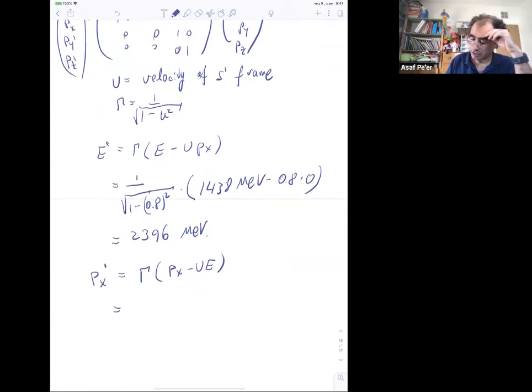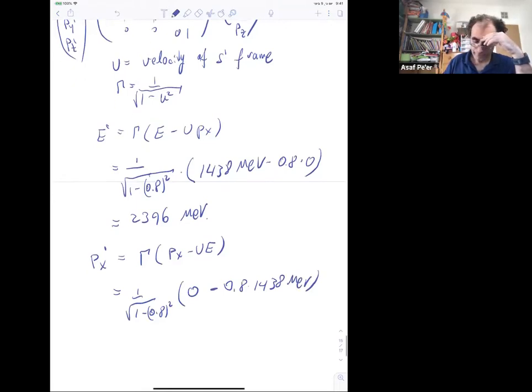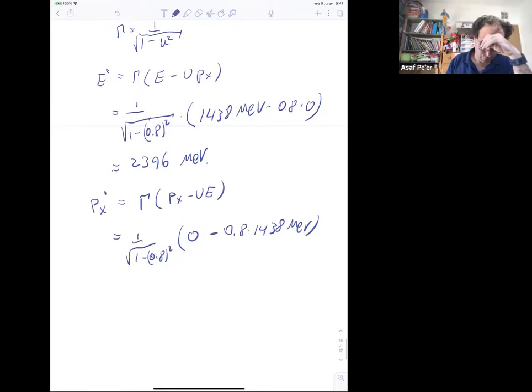So this is 1 over the square root of 1 minus 0.8 squared, and then we have 0, and then minus 0.8 times 1438 MeV, which is minus 1917 MeV.